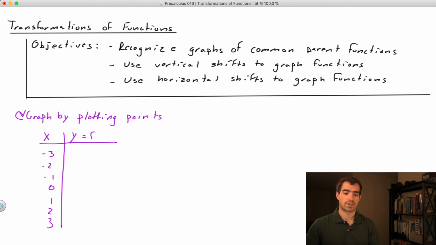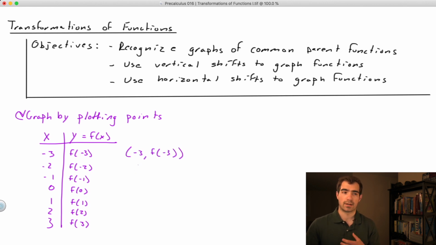So if we had a function f of x, this would be f of -3, f of -2, f of -1, and so on. And then we can pair these up as coordinate pairs. So -3 comma f of -3, -2 comma f of -2, and so on.